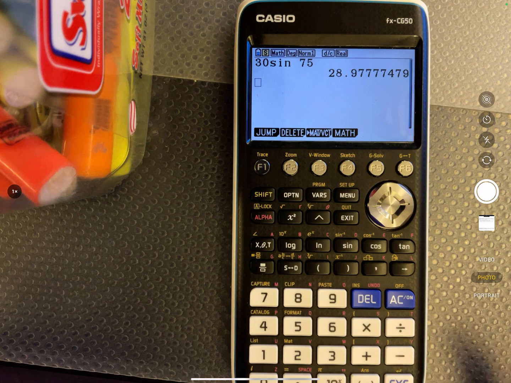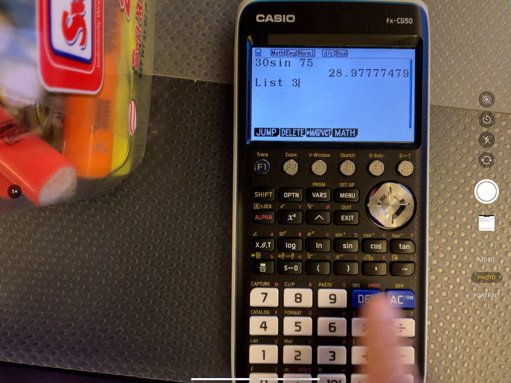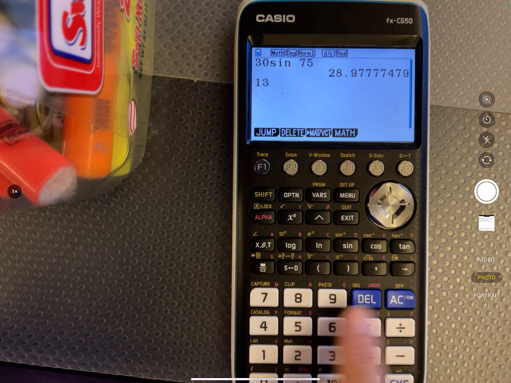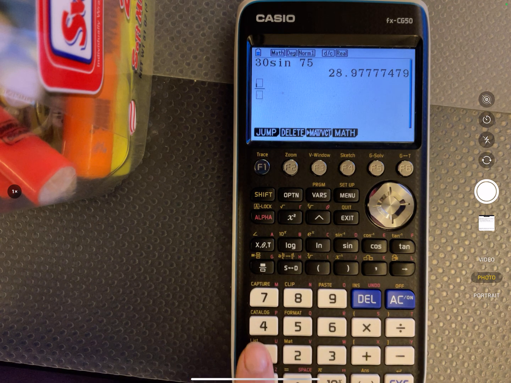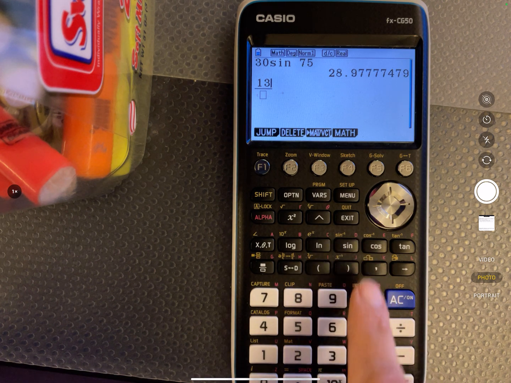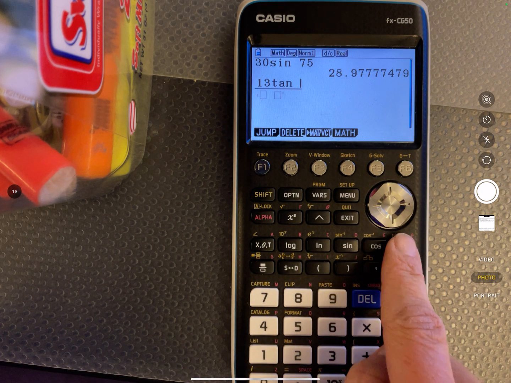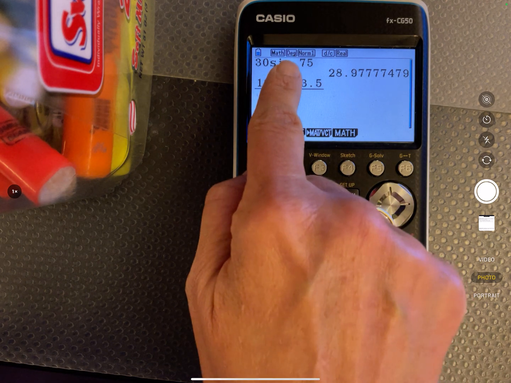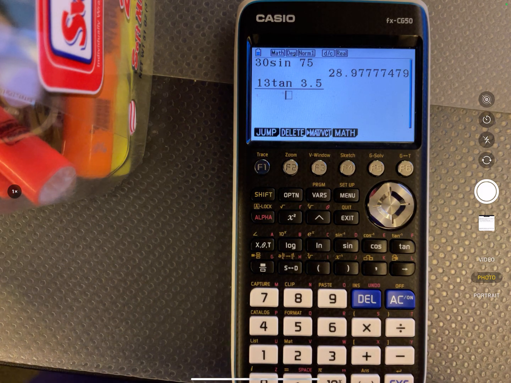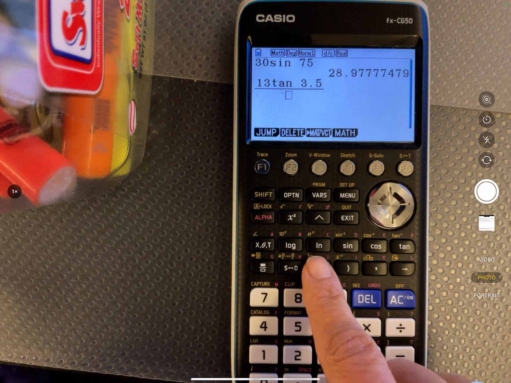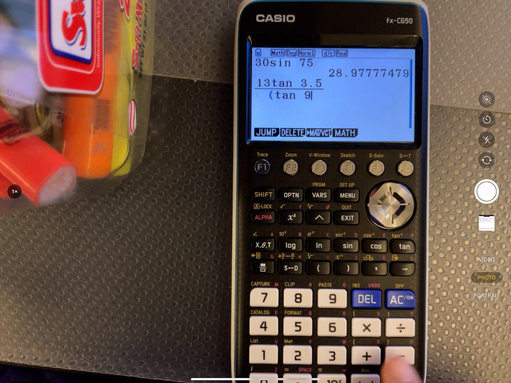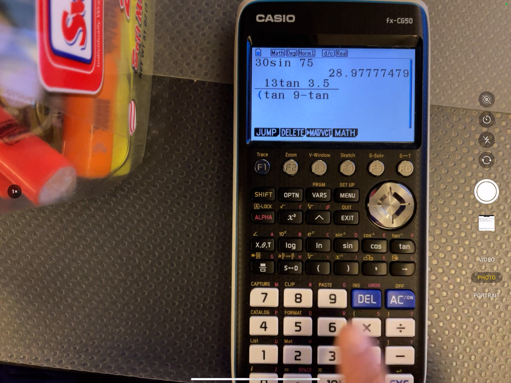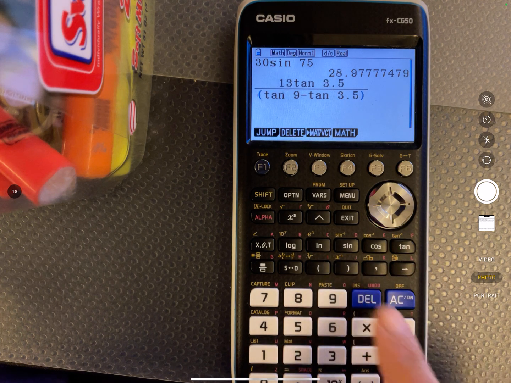And I had 13, actually I'm going to make it the fraction that it is, 13 times the tangent of 3.5 degrees, and I'm still in degree mode, so that's good, over the tangent of 9 degrees minus the tangent of 3.5 degrees.